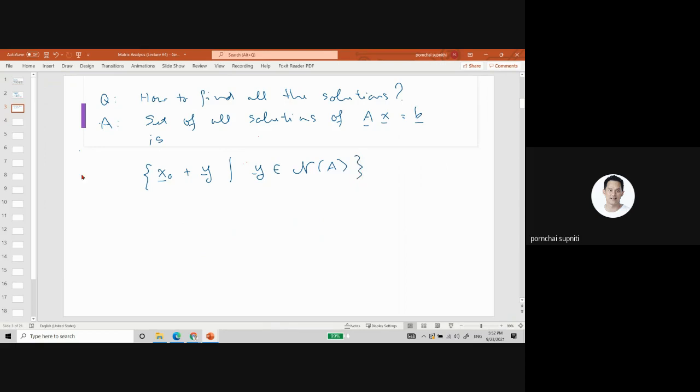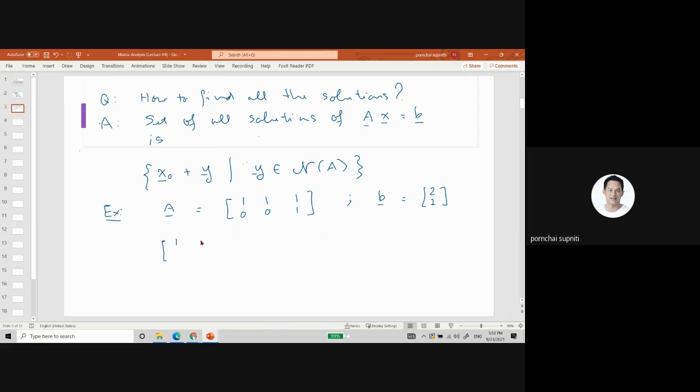As an example, if you remember from previously, we had A equal to 1, 0, 1, 0, 1, 1, where b is on the right-hand side of the equation and was set to be equal to 2, 1.